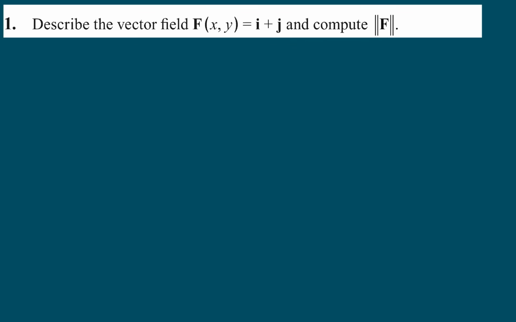Now the first problem is asking, given the vector field i plus j, how will you describe this vector field? And it says, what is the magnitude of the vector field? Well, the vector field exists at any point in space.